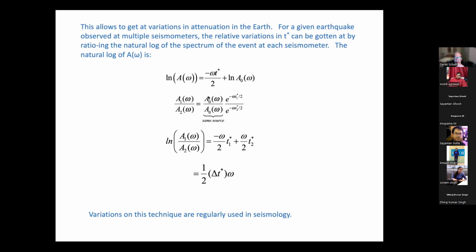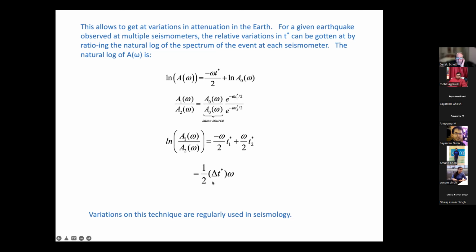If I take the ratio of amplitude 1 and amplitude 2, so this is at station 1 and this is at station 2, since they have the same source, the A naught terms will drop out, and I have e to the minus omega t1 star over 2 over e to the minus omega t2 star over 2. And if I take the natural log of this, then I have omega times the t star difference, delta t star, which is the difference between t1 and t2, times 1/2, which is right here.